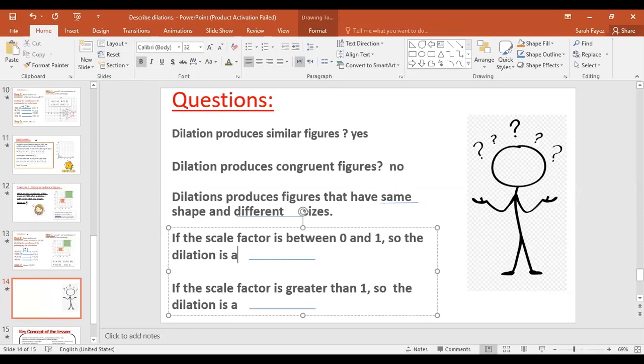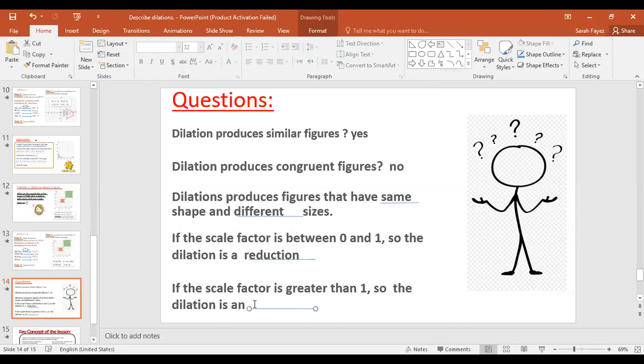You make it smaller, it's a reduction. And the last one: if the scale factor is greater than 1, it's going to be an enlargement. Very good.